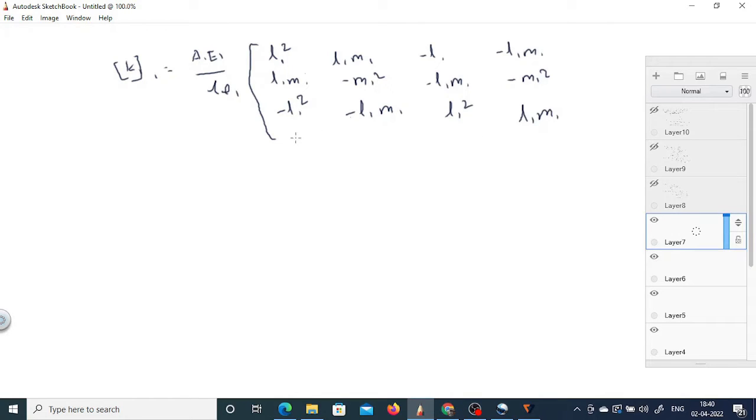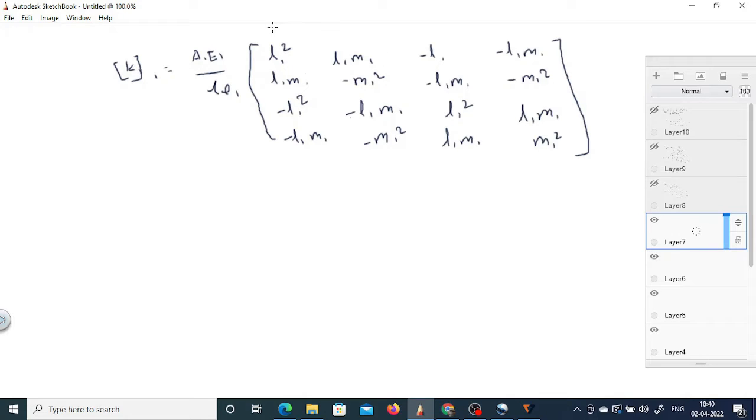This is the formula I rewrote. In a previous video I told about how we get this formula. L1 M1, minus M1 square, L1 M1, M1 square. This is the stiffness matrix formula.